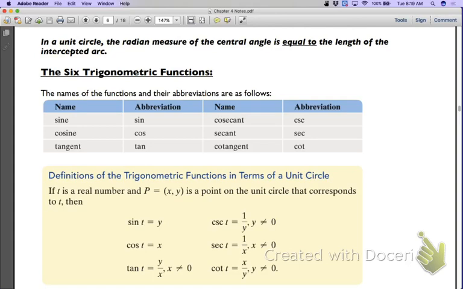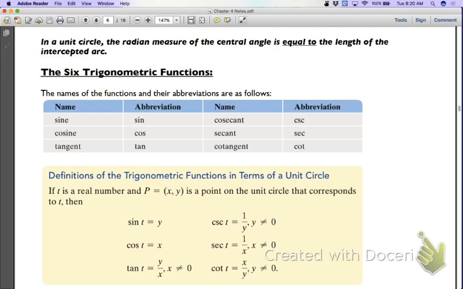The easiest way that I can tell you to remember what the reciprocal of each one is: you have sine, cosine, and tangent. Tangent and cotangent should be the easiest, because one is tangent and one is cotangent. The difficulty is more with cosecant and secant, obviously.